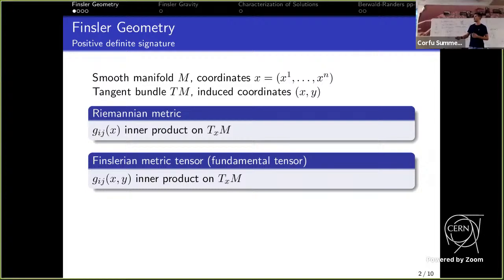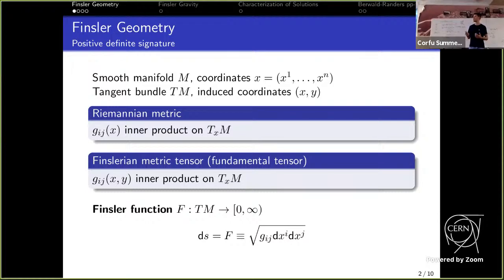Now, usually we consider this fundamental tensor as a derived object, and the fundamental object in Finsler geometry is actually the infinitesimal line element, which we write as a generic function on the tangent bundle. We call this the Finsler function, and then we ask the question: what are the minimal conditions that this function should satisfy in order that this leads to a well-defined geometric structure and a natural length measure?